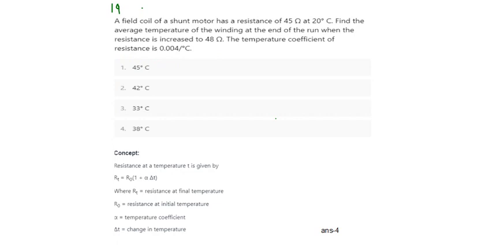Change in resistance with temperature is given by RT equals R0 into bracket 1 plus alpha delta T, where RT is the final resistance, R0 is the resistance at initial temperature, alpha is the temperature coefficient, and delta T is the final temperature minus the initial temperature.